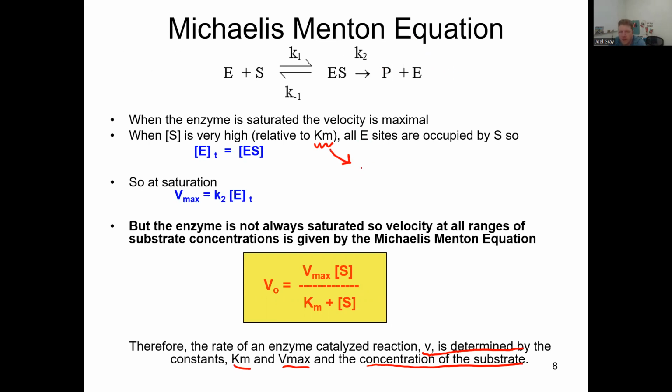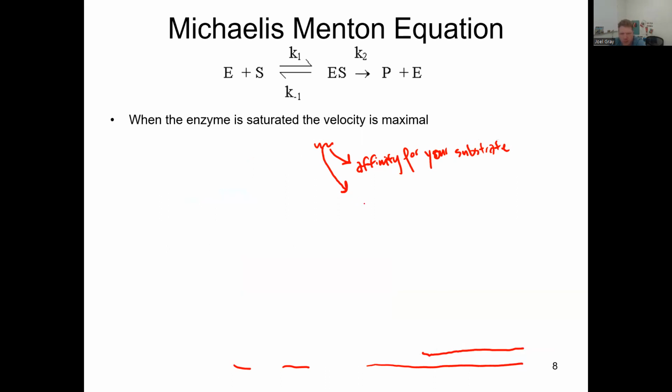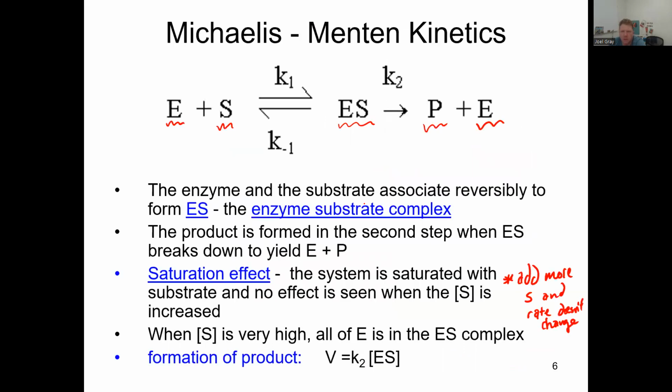One thing that it is, is a measure of affinity for your substrate, or your enzyme's affinity for your substrate. Another thing that your Km is, actually, I'm going to bounce back a couple of slides.